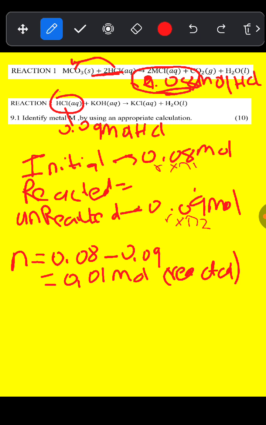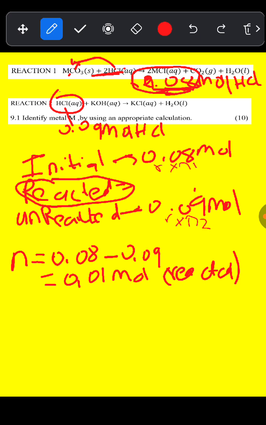An initial number of moles cannot be used in a ratio to get information about another substance. You can only use the reacted number of moles in a ratio to get information about another substance. So that's why we didn't do a ratio using the initial number of moles.